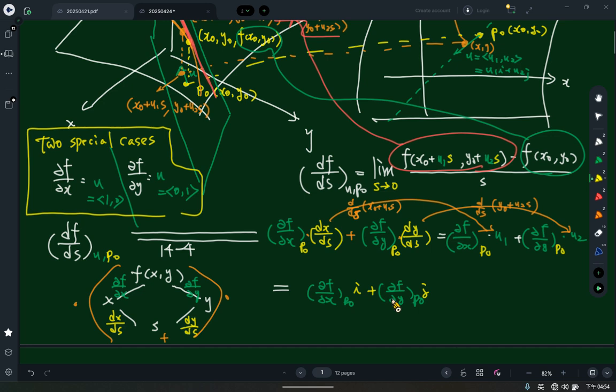If you remember, i is the unit vector for the x direction and j is the unit vector for the y direction. Then this vector dotted with u1 i plus u2 j.